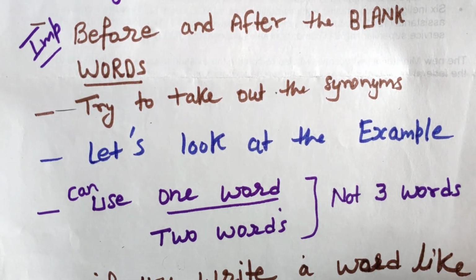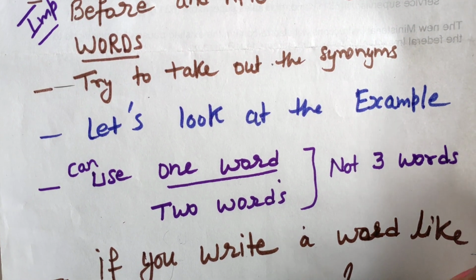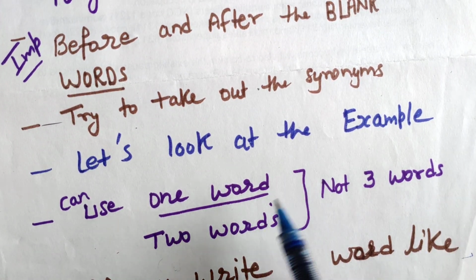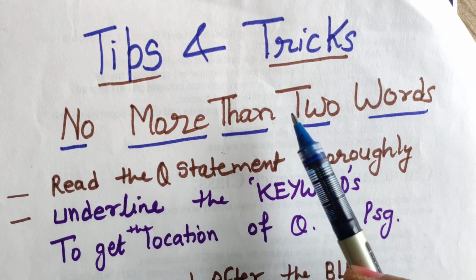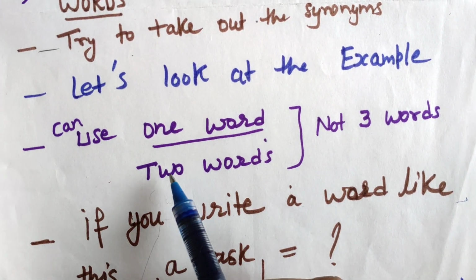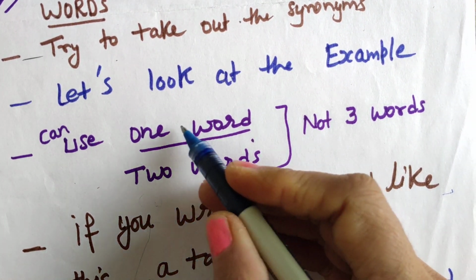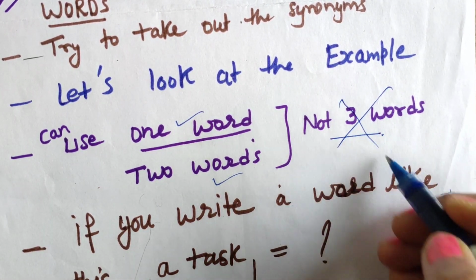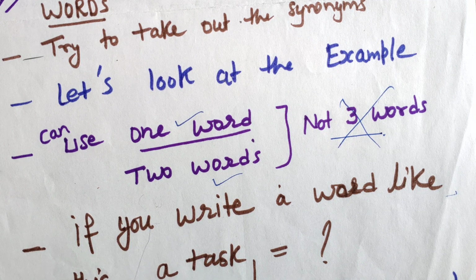No more than 2 words. Okay, next is no more than 2 words. In no more than 2 words, we can write 1 word also and 2 words also, but not 3 words, otherwise our answer will be wrong.